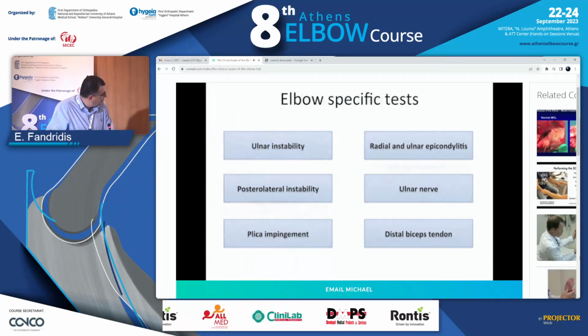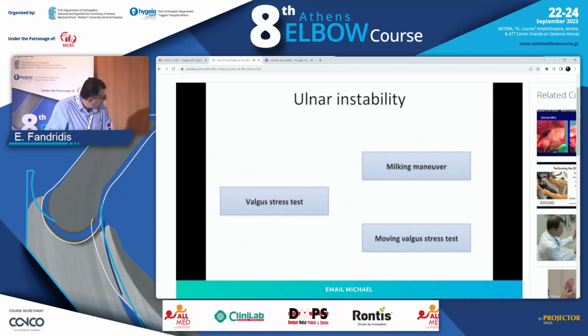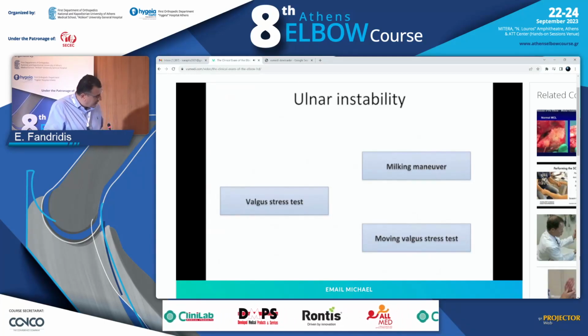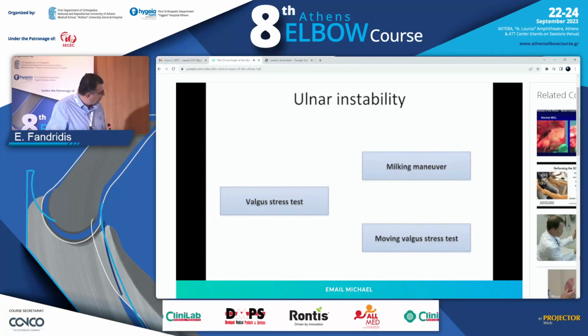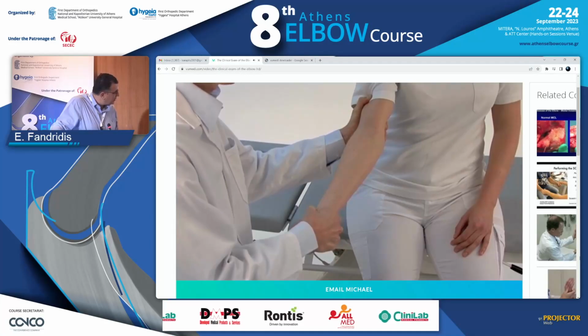We heard before about the medial complex. So ulnar instability. One of them is the valgus stress test. The other is the milking maneuver, and the other is the moving valgus stress test. There are more tests, but I think these are important and significant tests, and quite enough in order to check the medial instability.